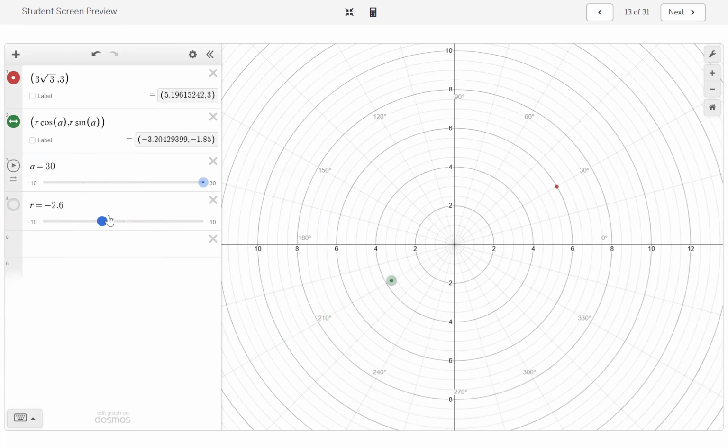But we can see here as I slide my radius positive and negative, and as I change my angle, I change where I'm pointing, and then how far along that angle direction I move.